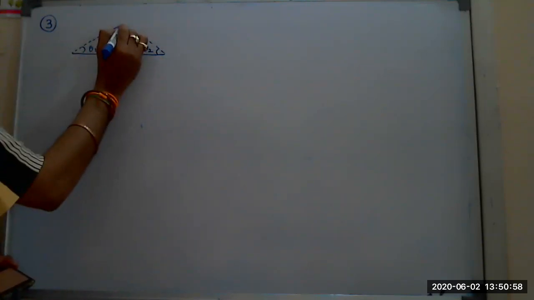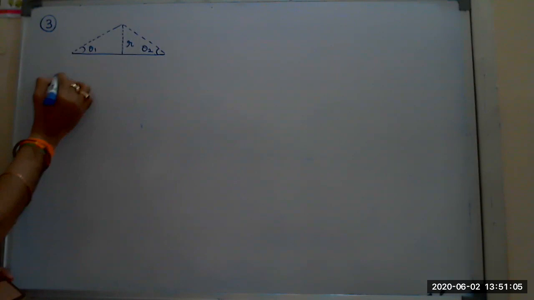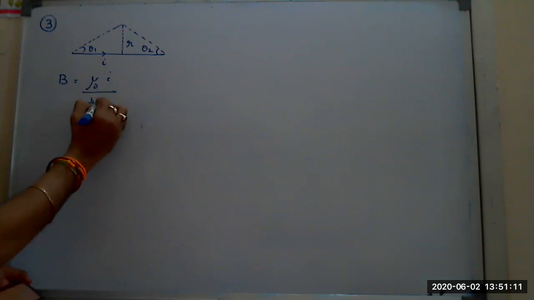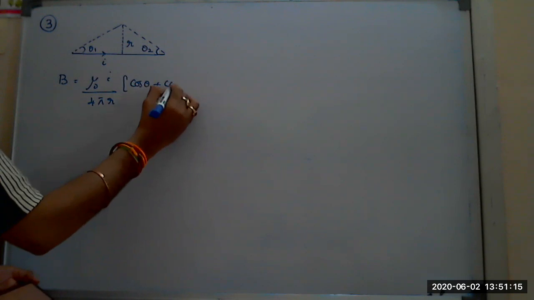And the perpendicular distance from the wire is some r, from the point. Then due to the flow of current, B is equal to mu naught I by 4 pi r into cos theta 1 plus cos theta 2.